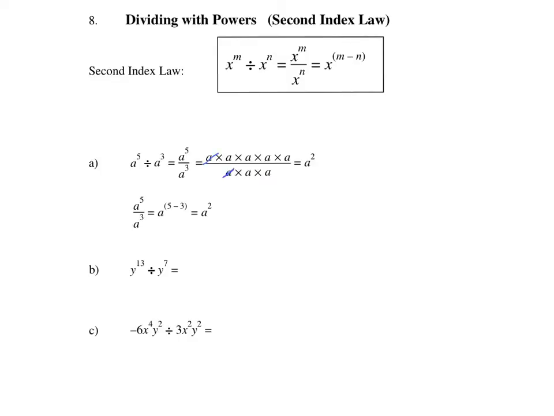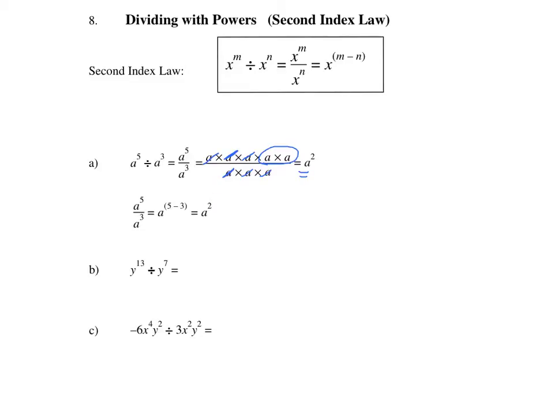You've got some cancellations that occur, and your answer is a times a, which is a squared. In index notation, that's written as a to the power 5 minus 3, so there's your 5 minus 3, a squared.